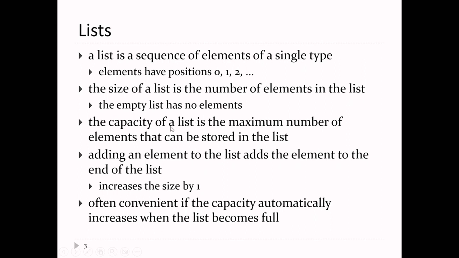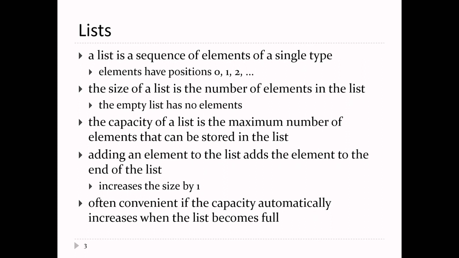The capacity of the list is the maximum number of elements that can be stored in the list. So the size of the array defines the capacity of the list. Whenever you add an element to the list, in our implementation, we're going to add the element to the end of the list. So if I add to the empty list, then there's an element at index 0.